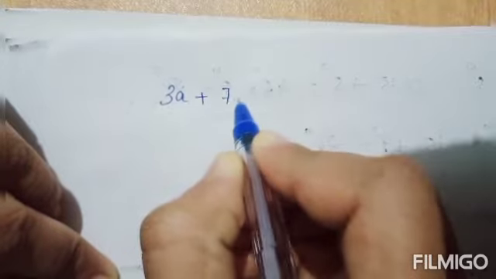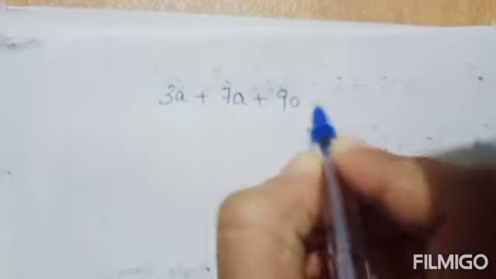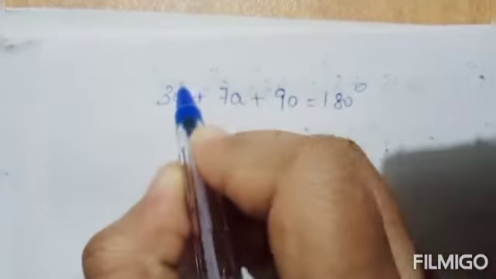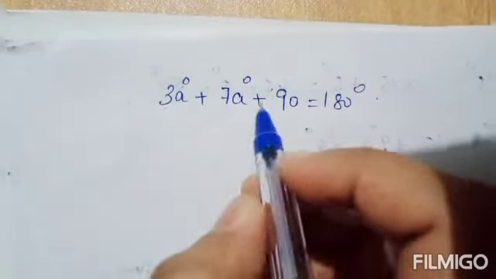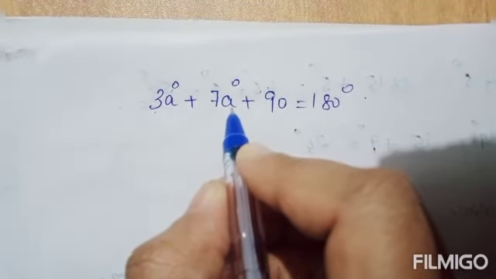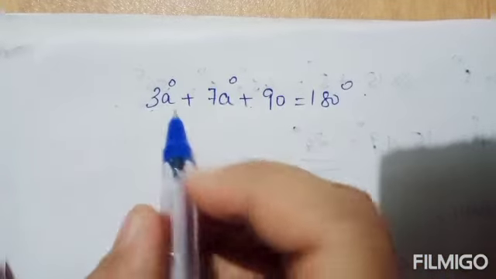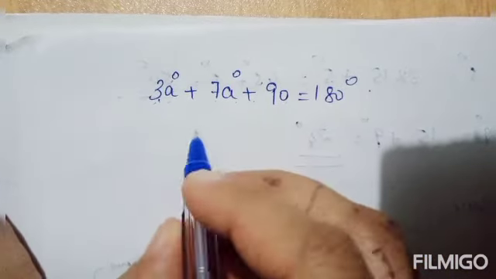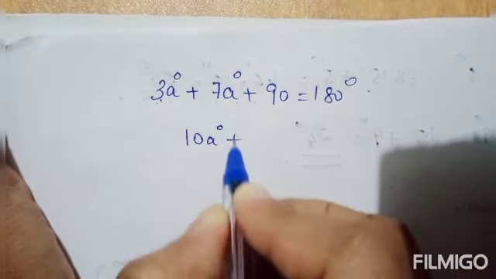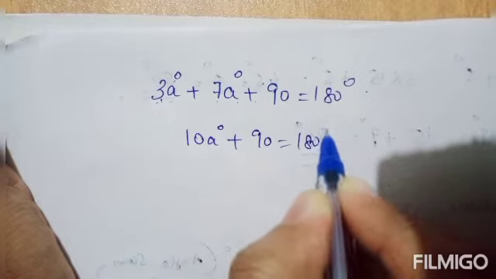So you got 3a plus 7a plus 90 equal to 180 degree. Now 3a degree plus 7a degree is 10a degree plus 90 equal to 180 degree.